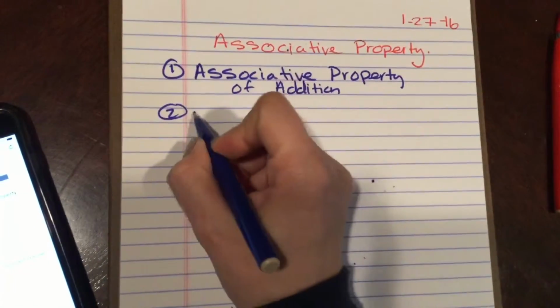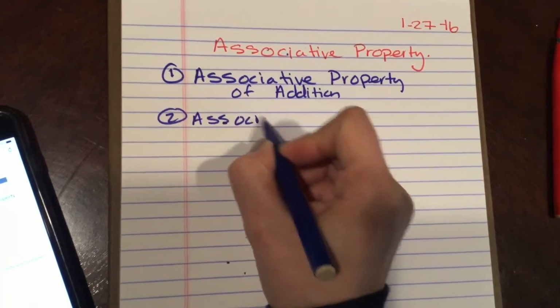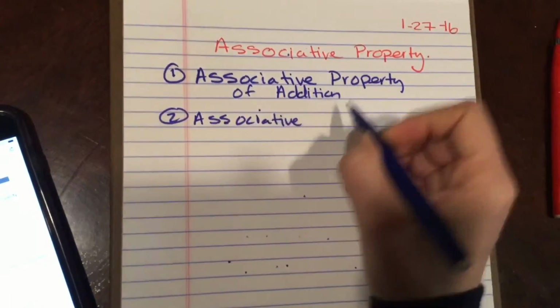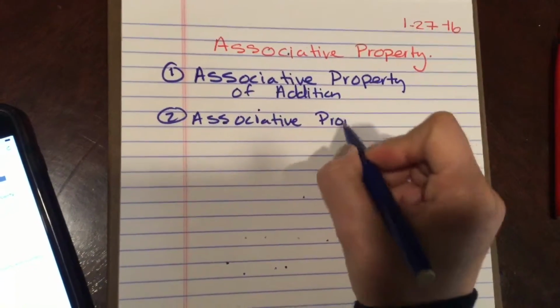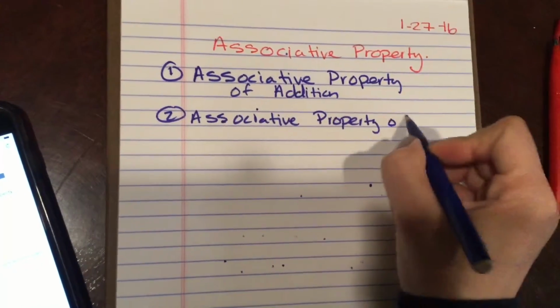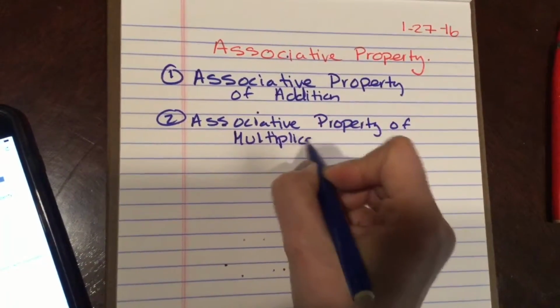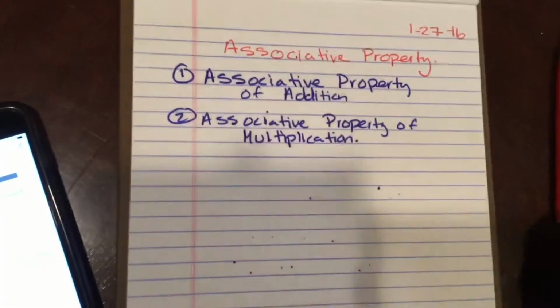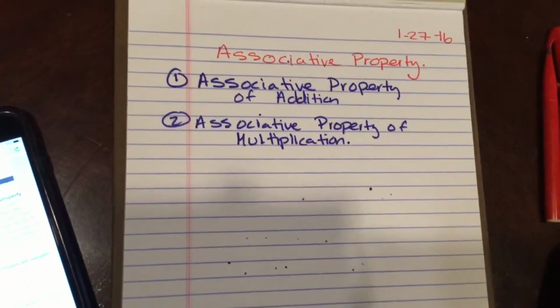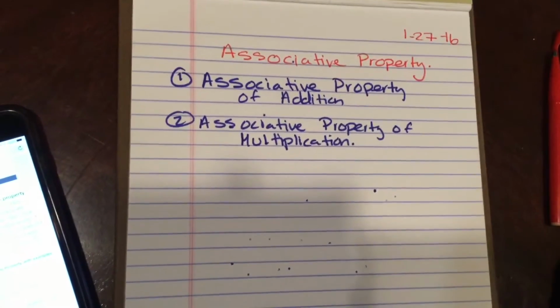And number two is associative property of multiplication. And just like yesterday, there are no associative properties of subtraction or division.